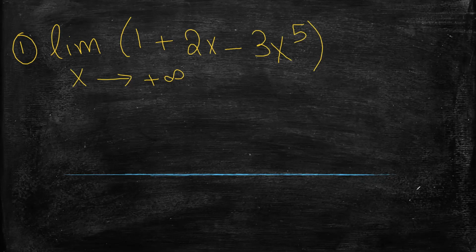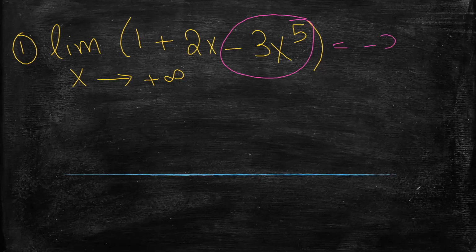Yes, teacher. Here now we have a limit as x approaches infinity. What do we have to do if we have a polynomial like this? Did we evaluate or did we take the highest degree? Yes, we take the highest degree, which is negative.